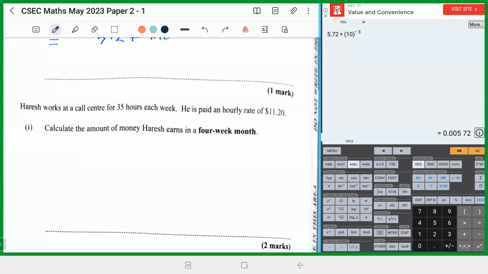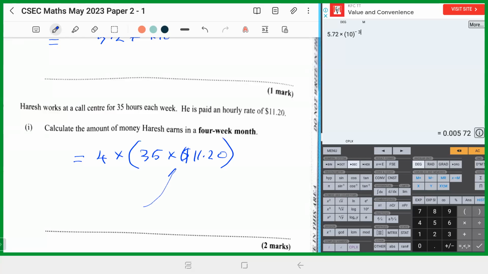So if he works 35 hours and this is the hourly rate, then in 1 week he's going to be earning the product of those 2. But we want the amount for 4 weeks. So the 4 weeks pay is going to be equal to 4 times the weekly pay of 35 times $11.20.